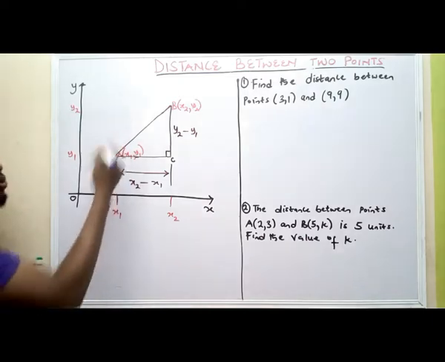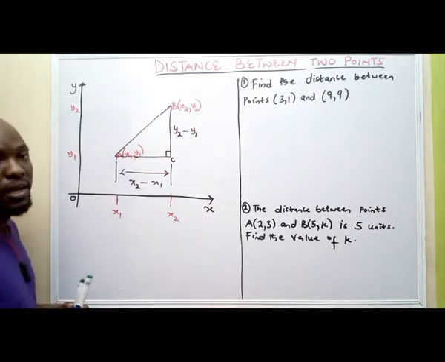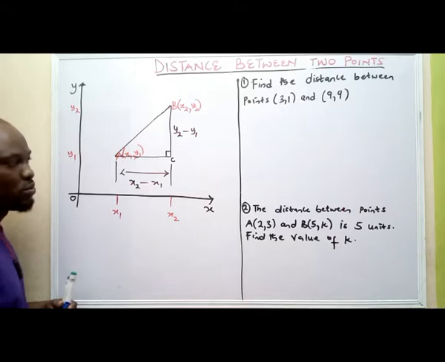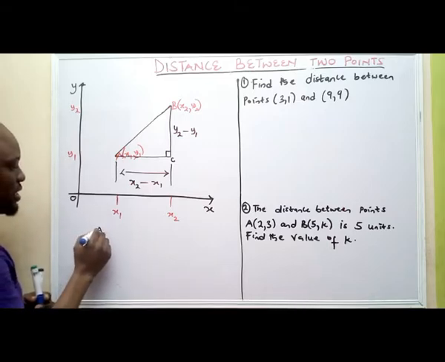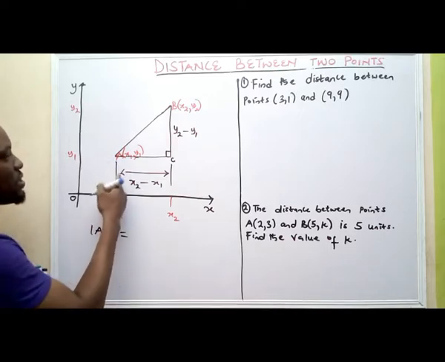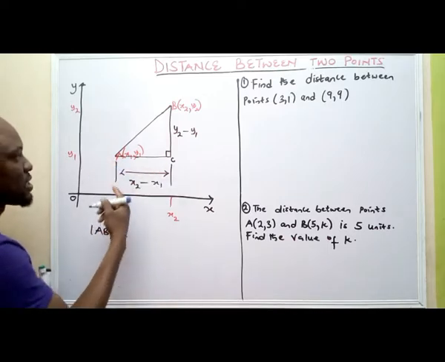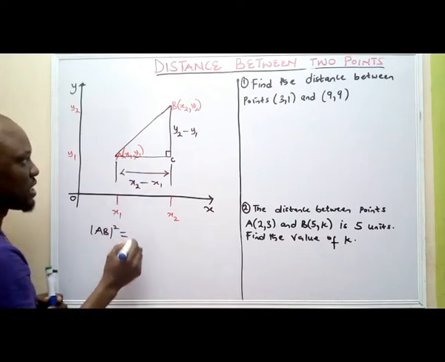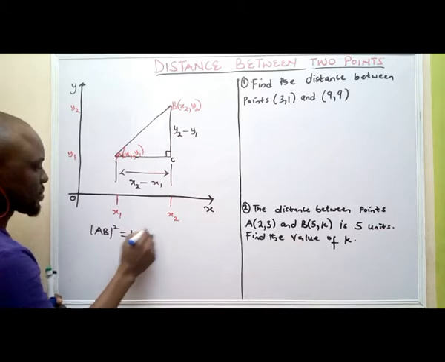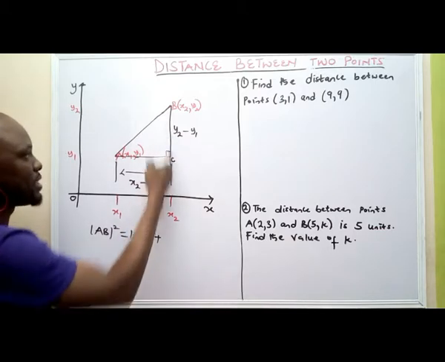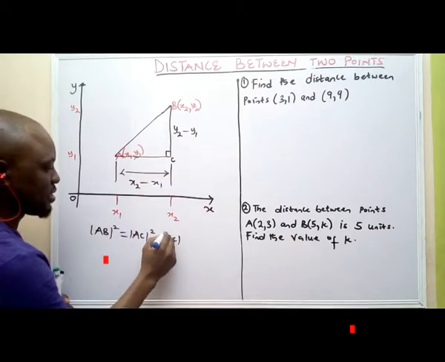I'm going to use, this is a right angle triangle, so I'm going to use Pythagoras rule. Which is the hypotenuse squared, AB all squared, equals the sum of the opposite and adjacent sides. So I'll say AC squared plus BC squared.